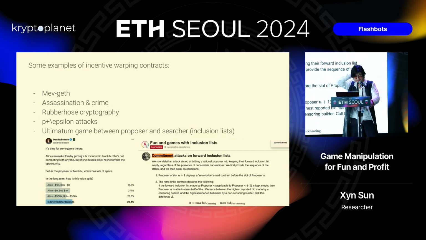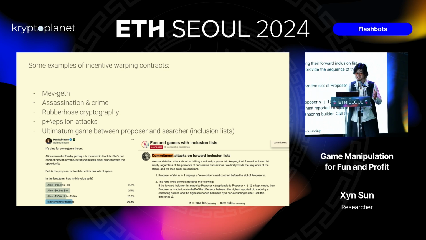Okay, and then finally, we also see this type of game manipulation in existing protocols on Ethereum, right? Especially in MEV, right? So over here you can see this fun game theory puzzle. Say Alice can make $1 million by getting a transaction included in block N, and she's not competing with anybody.